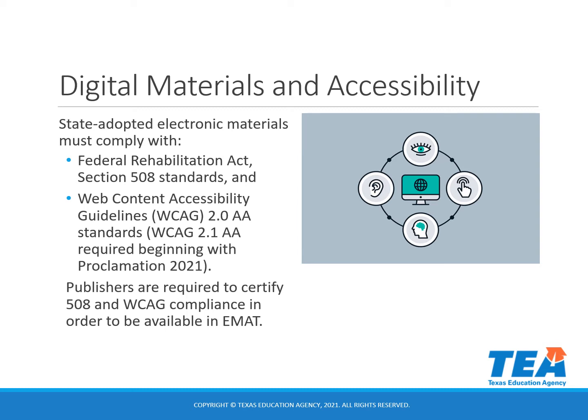Beginning with Proclamation 2017, publishers have also been required to provide a third-party report certifying that compliance. This is for all electronic components, both teacher and student, so anyone using assistive technology will be able to use it. Examples of assistive technology might be screen readers or screen magnification or Braille keypads.